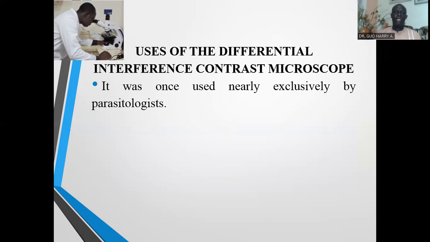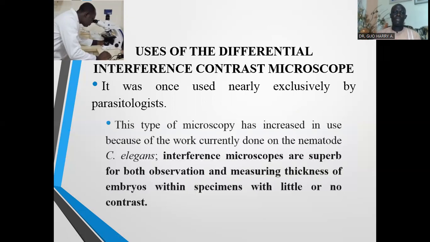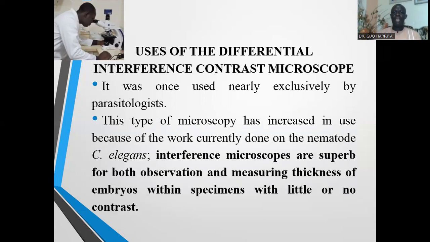What are the uses of the differential interference contrast microscope? One, it was once used nearly exclusively by parasitologists. This type of microscopy has increased in use because of the work currently done on the nematode C. elegans. Interference microscopes are superb for both observation and measuring thickness of embryos within specimens with little or no contrast.